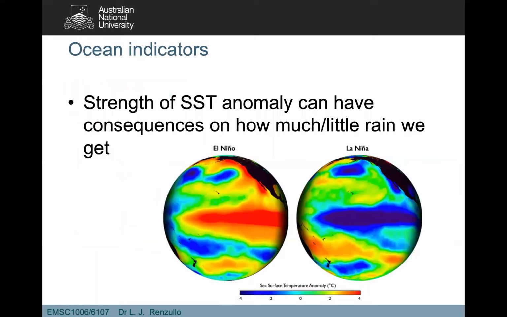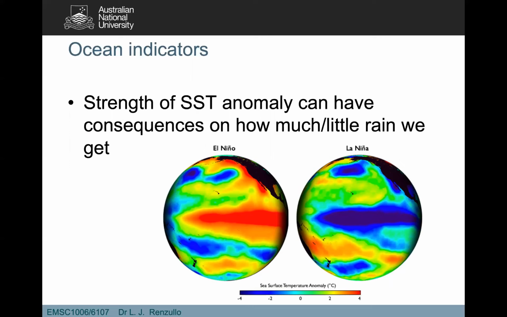So remember, anomalies tell us about the variation of a quantity relative to its climatological or long-term average behaviour. Sea surface temperature anomalies can have major consequences for how much or little rain we get in Australia. And these temperatures aren't just isolated local phenomena, they can stretch over vast distances in the oceans, straddling the whole Pacific Ocean, for example.